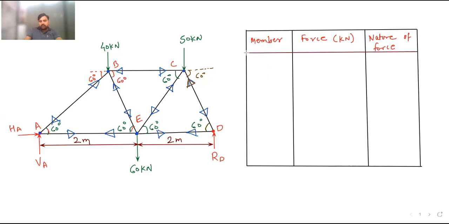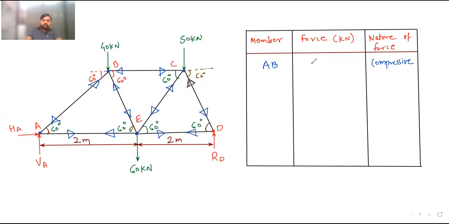So this is the table. Now first of all, we will serially take all the members. First member is AB. Okay. And its nature, you can see arrow is towards the joint. So it is compressive. So here you should write compressive. Nature is what? Compressive.